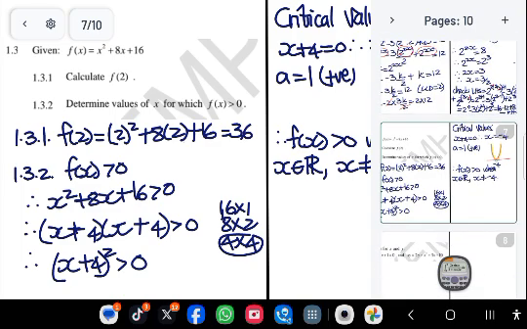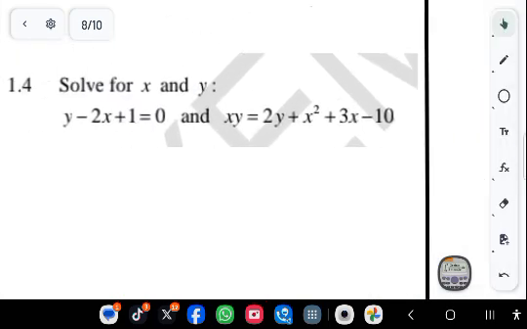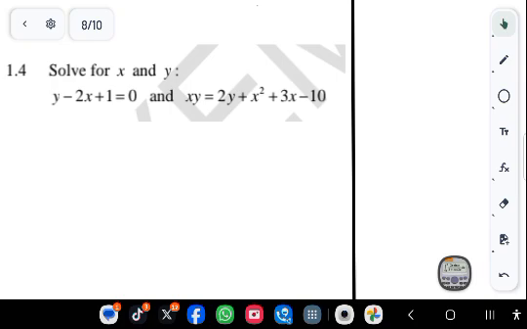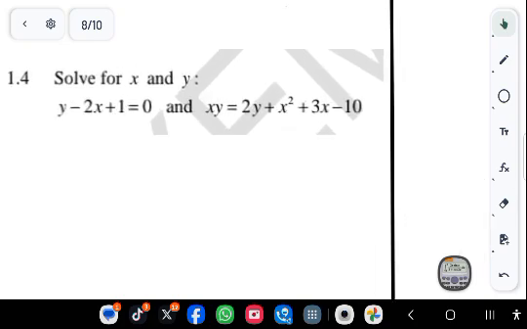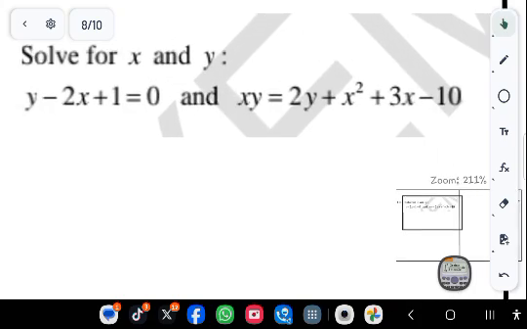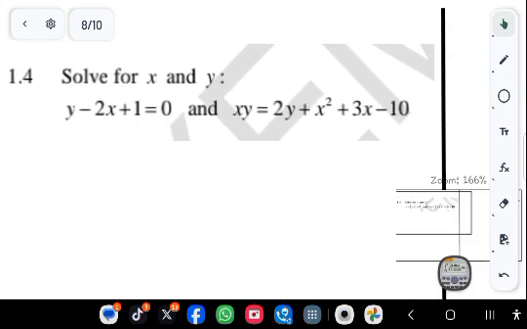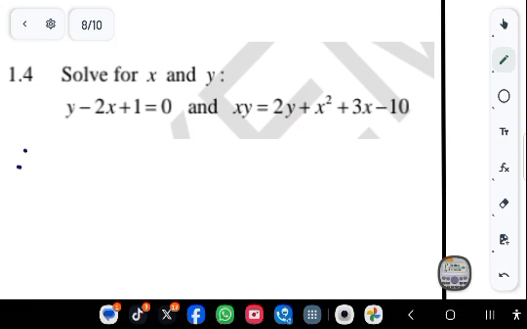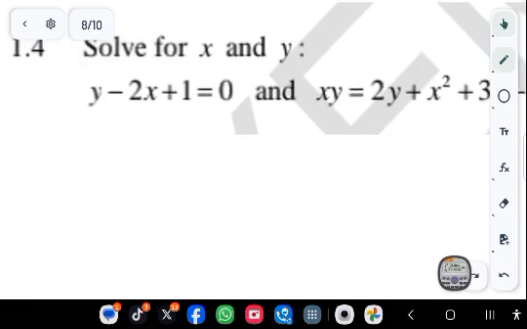Next question. Solve for x and y. This is the simultaneous equation. All right. Okay, looks like these questions are switched about, but that's fine.